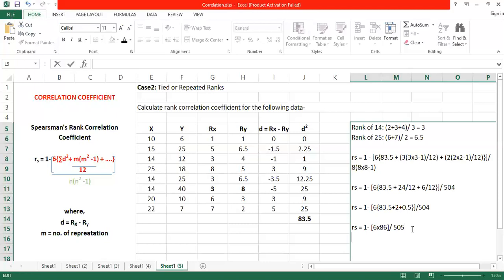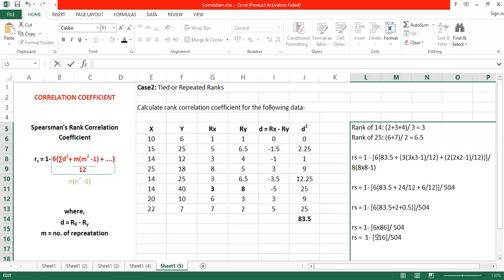So we have Rs equals 1 minus 6 into 86. Sorry, this has to be 504. 6 into 86 is 516 divided by 504.